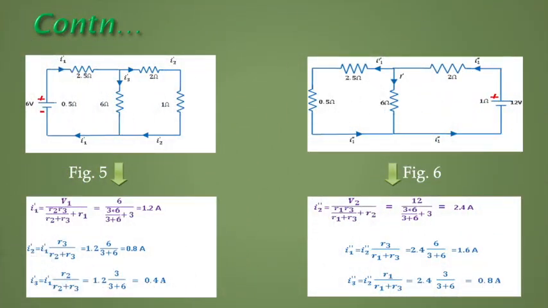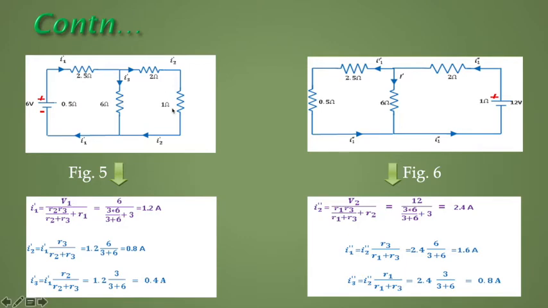The first step to solve the problem is to eliminate the 12 volt source and replace it by its 1 ohm internal resistance. Here we consider the currents I1 dash, I2 dash and I3 dash.